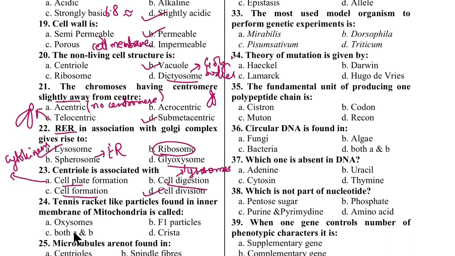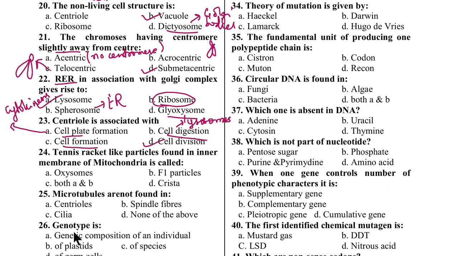Question number 24. Tennis racket like particles found in the inner membrane of mitochondria are? The answer is both A and B. Look at the options carefully. Both oxysomes and F1 particles mean the tennis racket like structure or particle that is found inside the membrane of mitochondria.